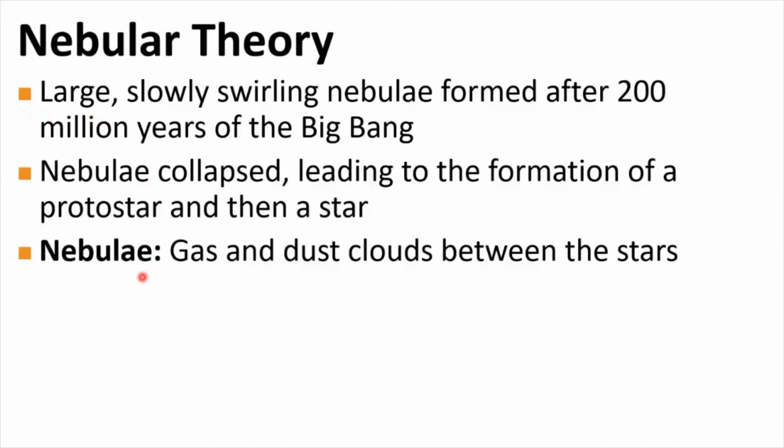A nebulae is gas and dust clouds between the stars that formed after 200 million years of the Big Bang. And the swirling cloud of gas and dust eventually collapsed, leading to the formation of a protostar. So that's before we had our sun, the pre-star, and then a star, which is our sun.